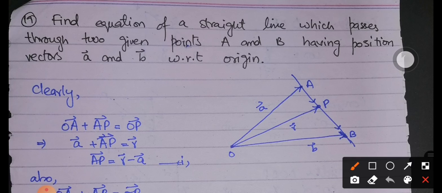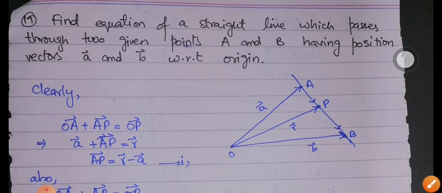It is clear from the figure by the head to tail rule that OA plus AP is equal to OR. So OA plus AP must be equal to r. OA is equal to a, so we can find AP, which is equal to vector r minus vector a.